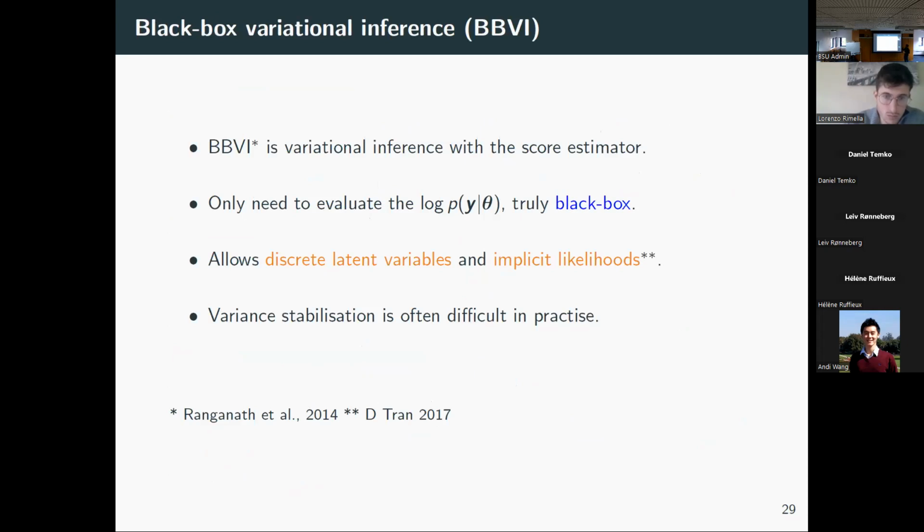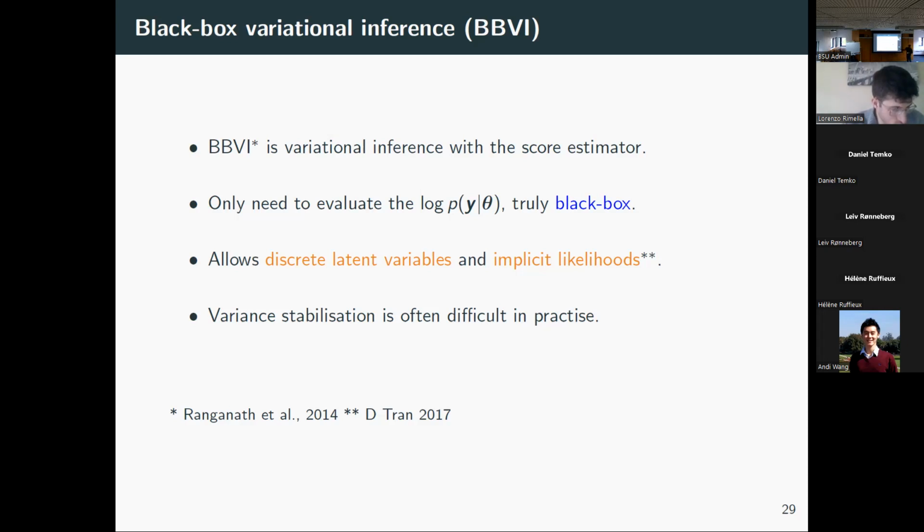And the good thing is, because you do not need to differentiate your log joint, it allows for discrete variables as well. So you can have discrete latent variables, or if you have some categorical variable, you can use that as well. And implicit likelihood, by this I mean all sorts of SMC, ABC, and likelihood free methods where you can plug in some sort of distance function. There's some work on that as well.